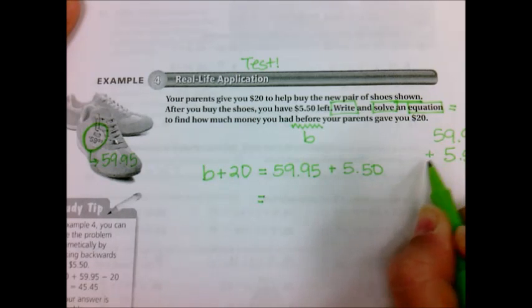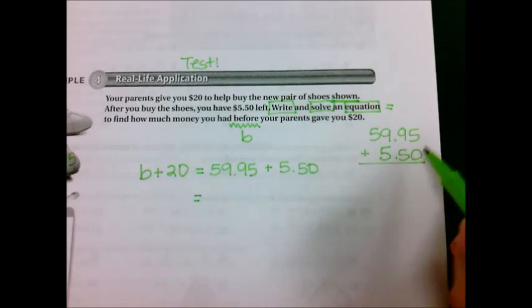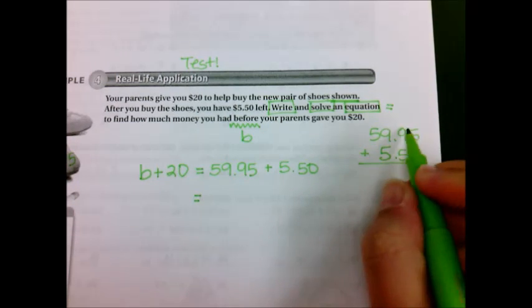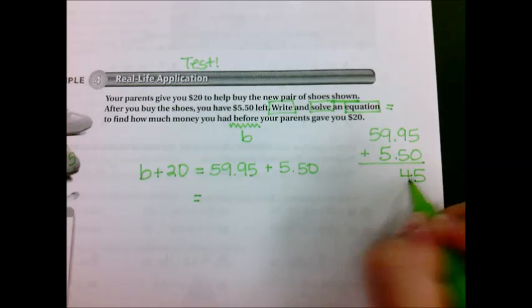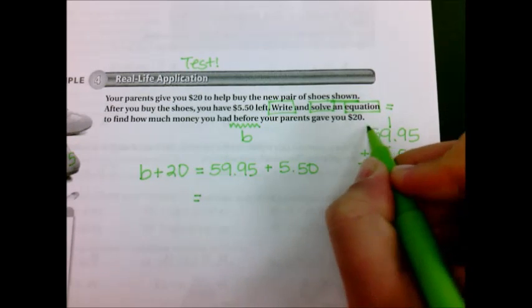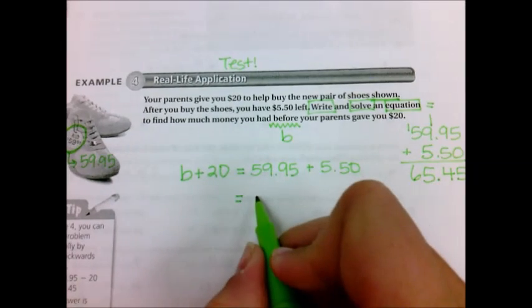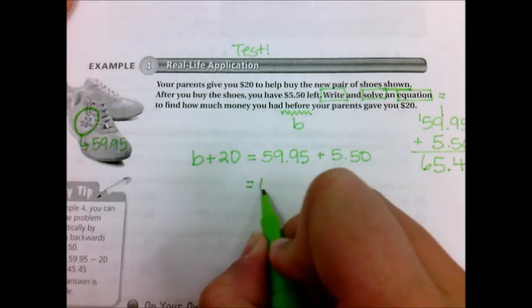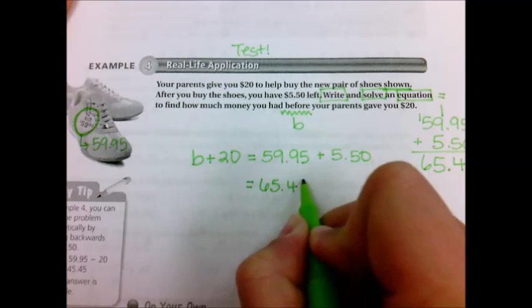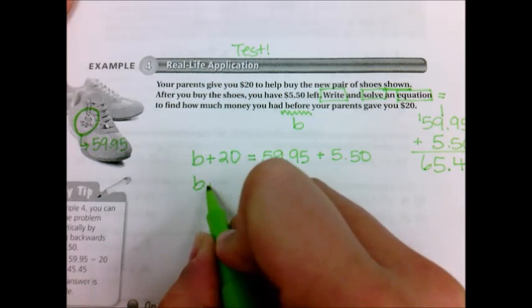When I'm adding decimals, my decimal points need to be lined up. 5 plus 0 is 5. 9 plus 5 is 14. Put the 4 down, carry the 1. 9 plus 1 is 10, plus 5 is 15. 1 plus 5 is 6. My decimal point comes straight down. So this side of my equation is 65.45. I'm going to copy down b plus 20.